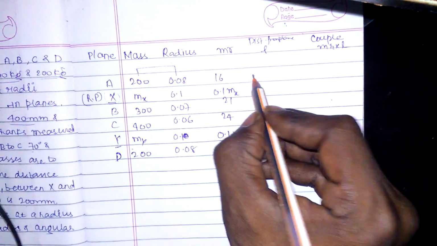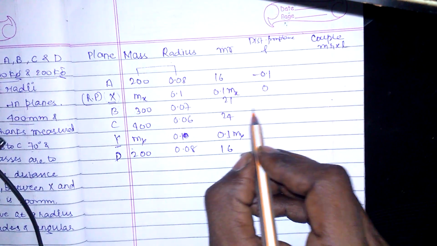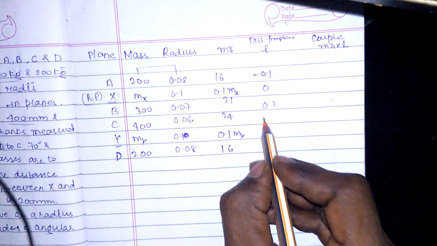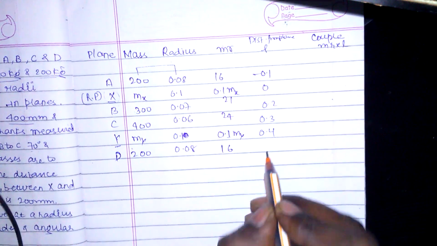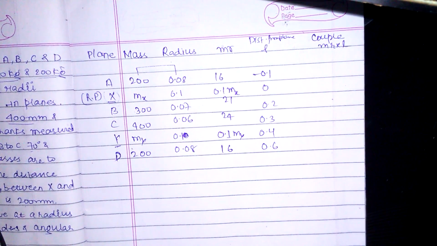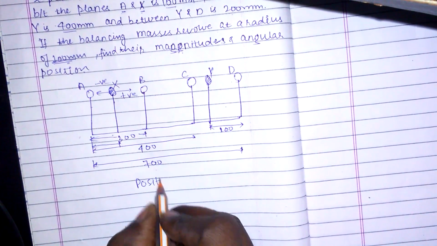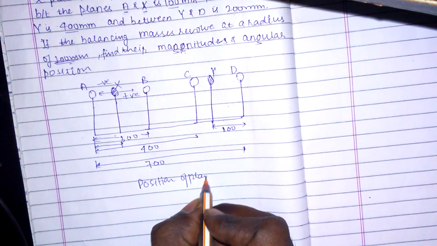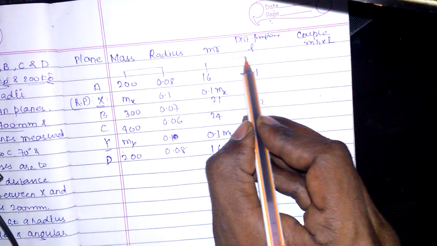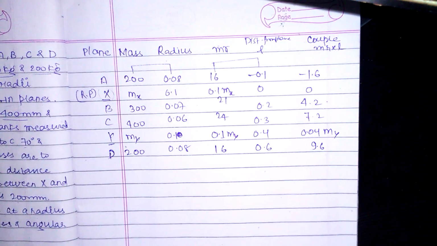So minus 0.1, the reference would be 0, then 0.2, 0.3, 0.4, and 0.6. You could see in the position diagram, the position of planes. Now the couple, the product of mr into l. So I resume after a few seconds.